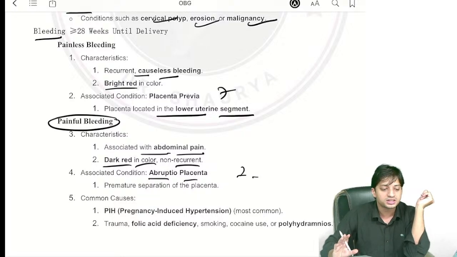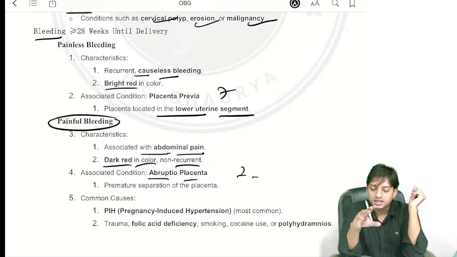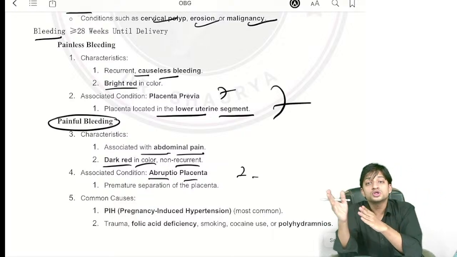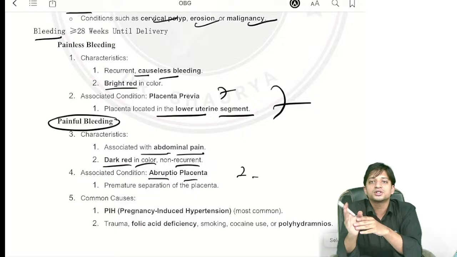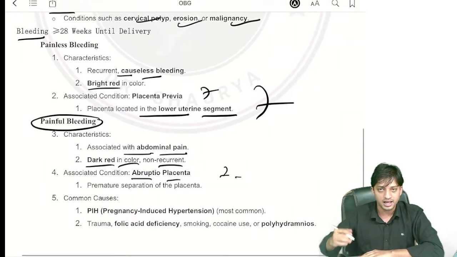Every topic we will be discussing. First of all, we are discussing the approach to the question: how to decide whether it is a question of abruptio placentae, how to decide whether it is a question of placenta previa, right? After that, we'll be discussing the topic as well.